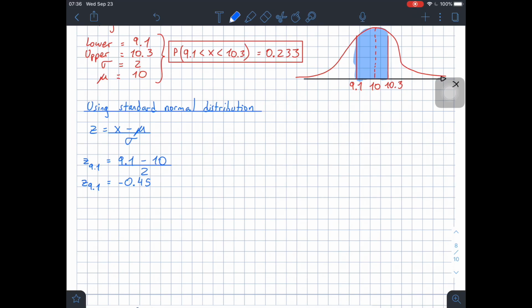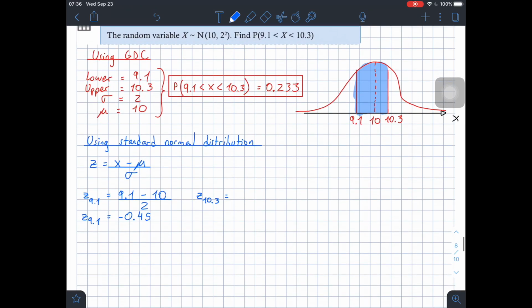Then if we find the equivalent value for 10.3, which is the upper boundary for this problem, we're going to apply the formula and say that this is 10.3 minus 10 divided by 2. If you solve this using your calculator, you will get the equivalent Z value, which is 0.15.